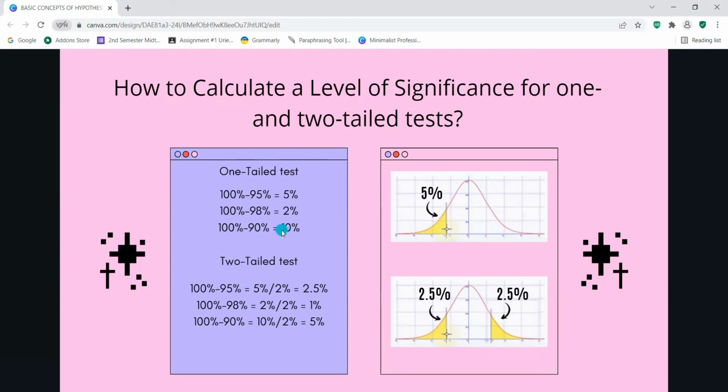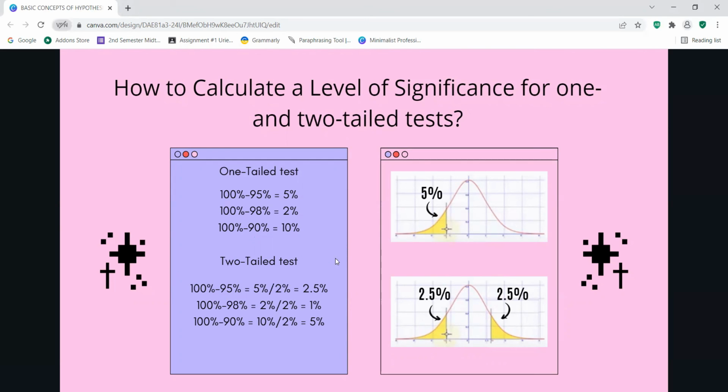Or if you want to be 98% confident that your analysis is correct, the alpha level will be 1 minus 0.98 is equal to 2%. Or if you want to be 90% confident that your analysis is correct, the alpha level would be 100% minus 90% is equal to 10%.